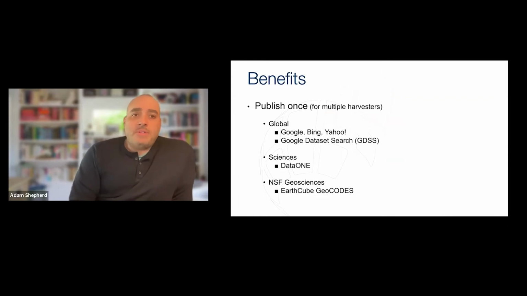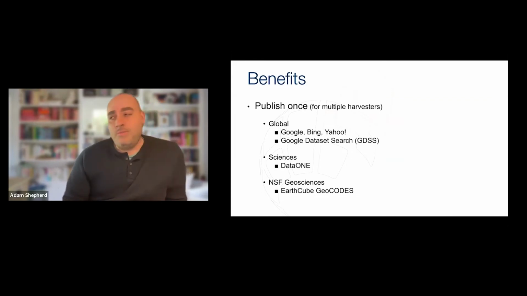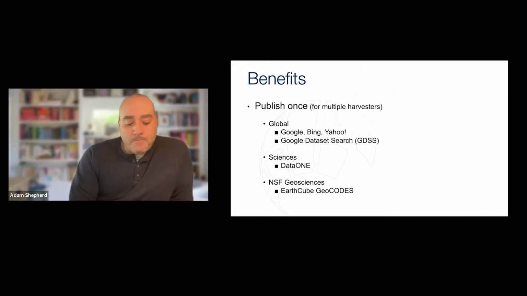And the benefit, like I was saying, is that for your repository, you really just have to publish that information once, and it's accessible at a number of levels of granularity. Globally, at the major search engines, Google put up a dataset-specific search engine called Google Dataset Search. So there are some wins right off the bat by implementing this technique.